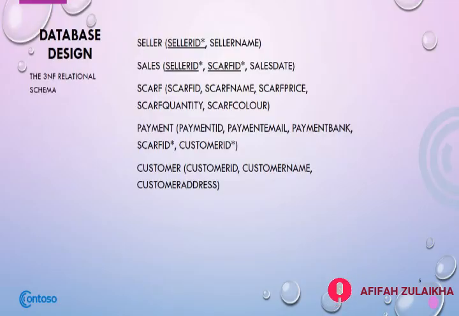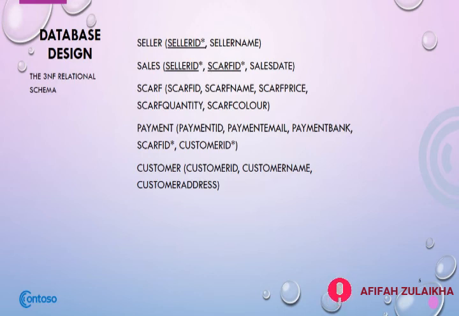For the third normal form relational schema, it has 5 entities, which are seller, sales, scarf, payment and customer. For the entity seller, it has seller ID and seller name, where the seller ID is the primary key.